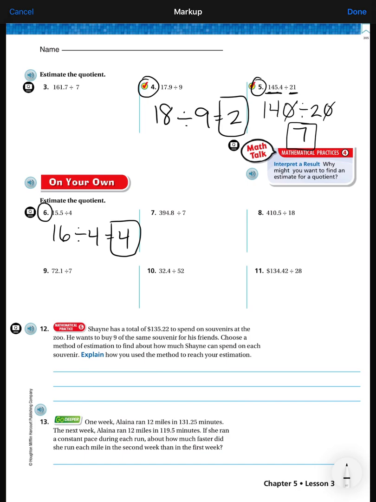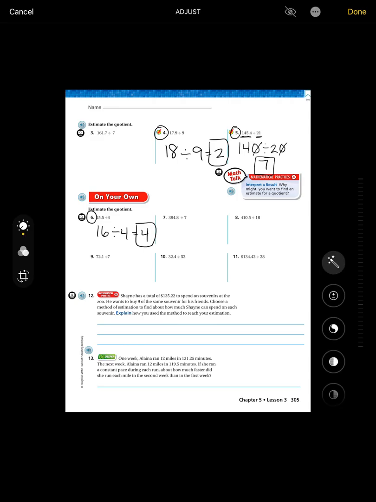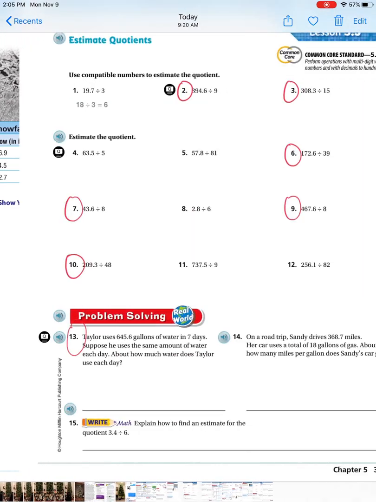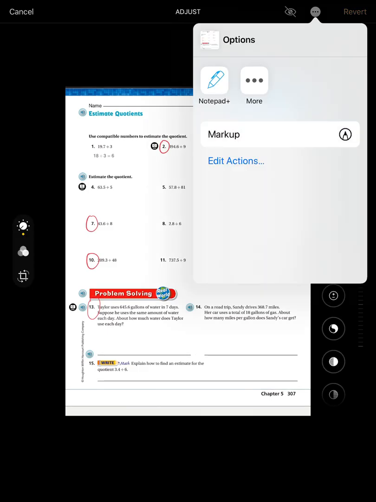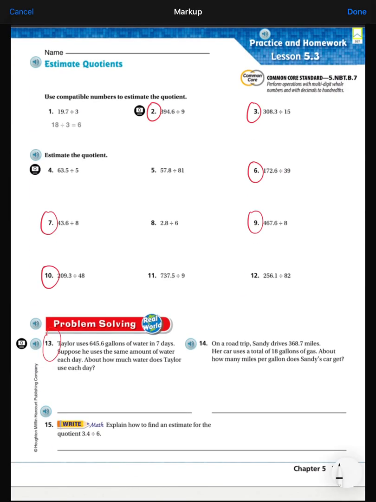All right, let's take a look at our homework. I've actually already circled them for you, but I'll go through and let you know what they are. On page 307, you are going to be working on 2, 3, 6, 7, 9, 10, and 13.